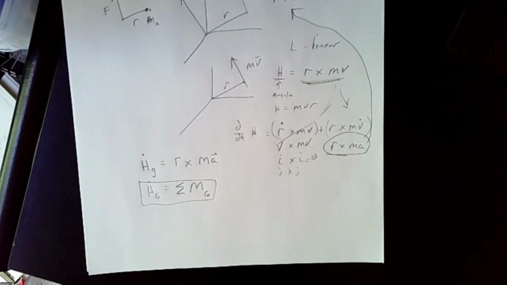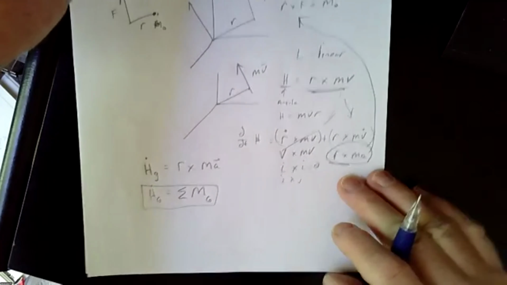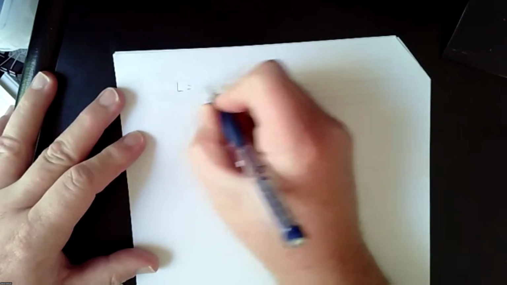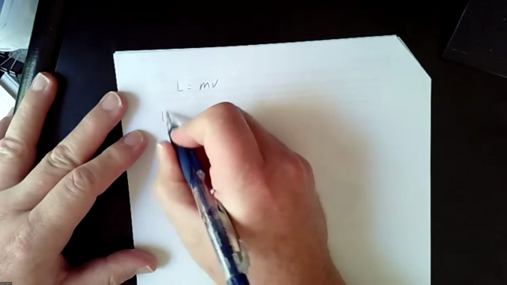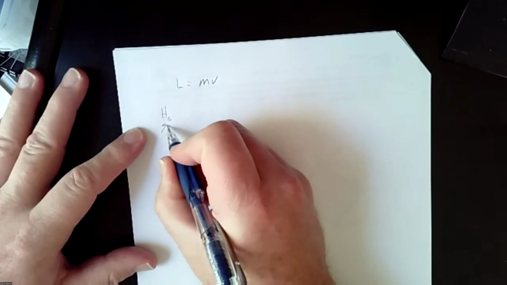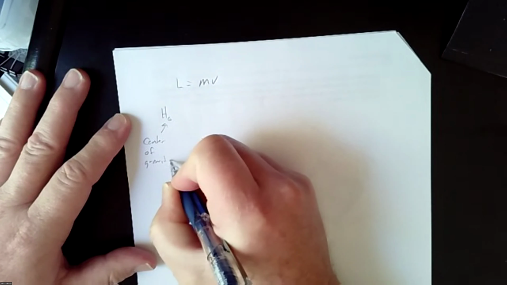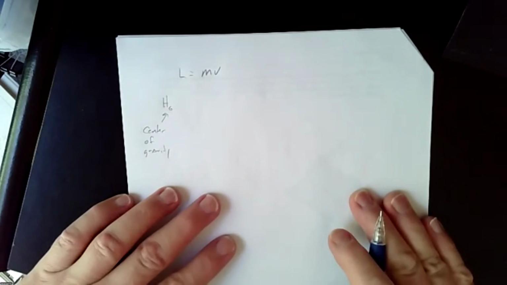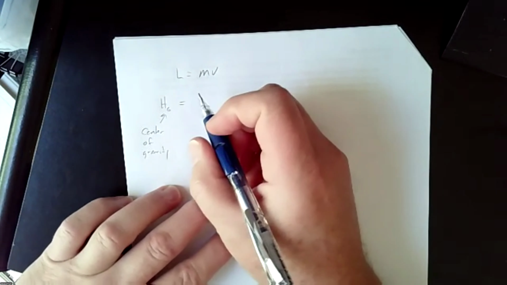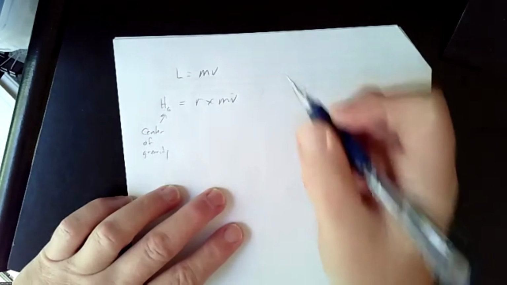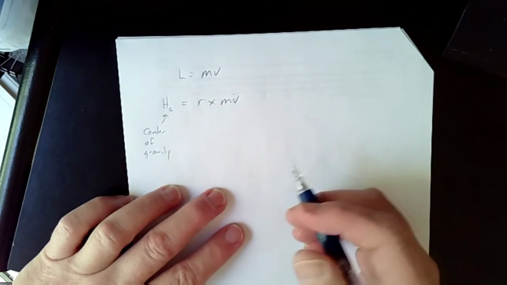All right. Now, another thing I want to talk about before I do examples is the idea of angular momentum. So if we take again linear momentum, we know it's just mv, and angular momentum is HG, with G being the center of gravity. So we have our HG, and we know that equals r cross mv, right? Now, in the book, it talks about summations, and that's fine.